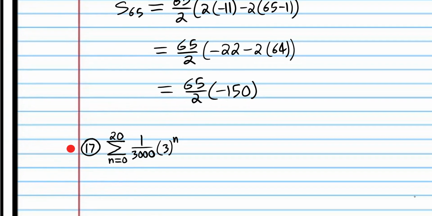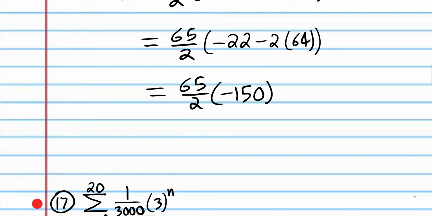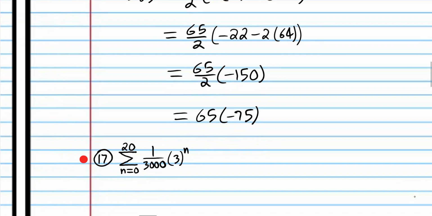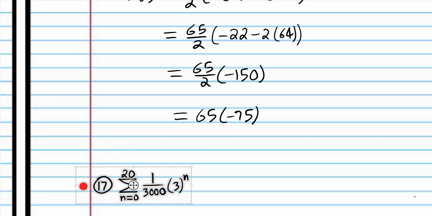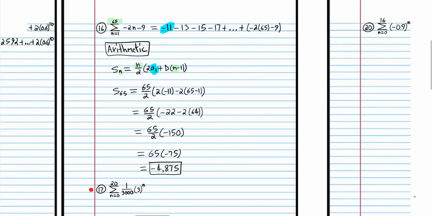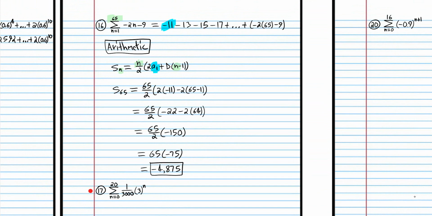There's a lot of different ways that you can do this. So we have 65 times negative 75, and that is negative 4,875. If you got that right, excellent. So that is the sum of that arithmetic sequence.